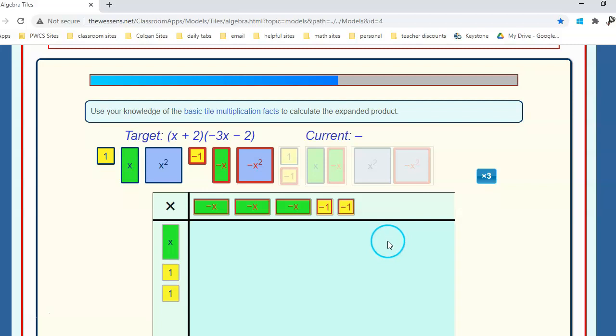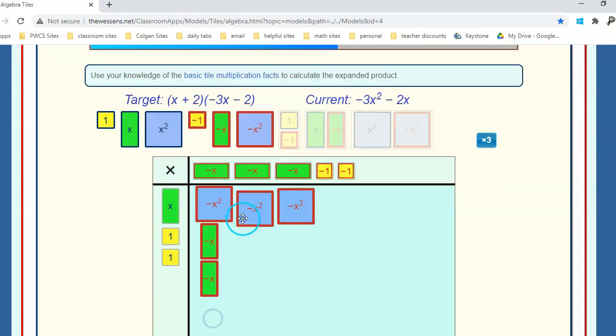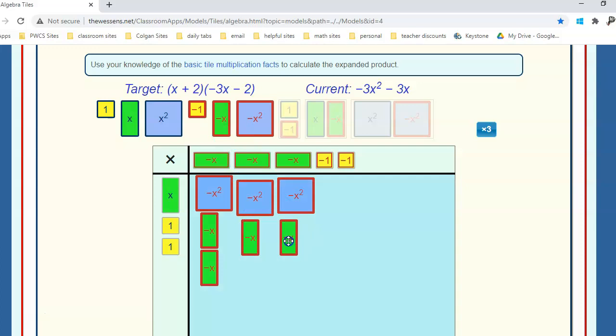Now, this one's going to be a little different because I now have negative x's, right? So if I have a positive x and a negative x, that's going to be a negative, but the exponent rule still applies, so that's a negative x squared. And that's going to be the same thing all the way across. Negative x times positive 1 is going to be a negative x. And that's going to be the same all the way across.